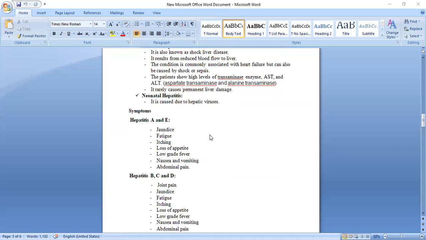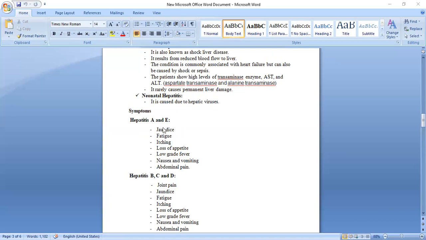So symptoms: jaundice, fatigue, itching, loss of appetite, low grade fever, nausea, vomiting, abdominal pain. These are the symptoms of hepatitis A and E, because A and E are similar. That's why the symptoms are similar.